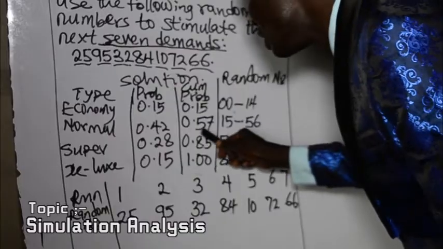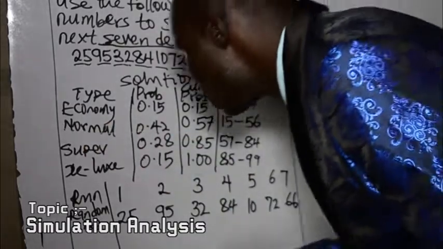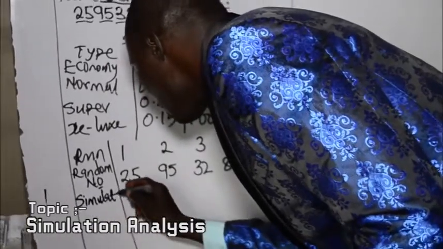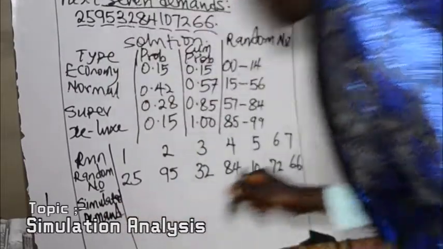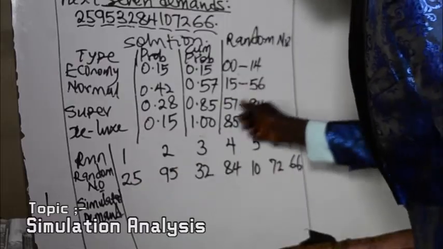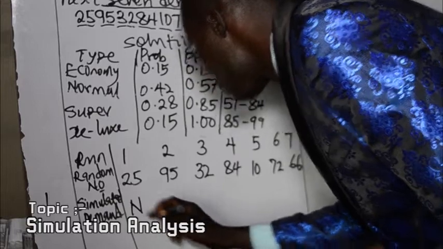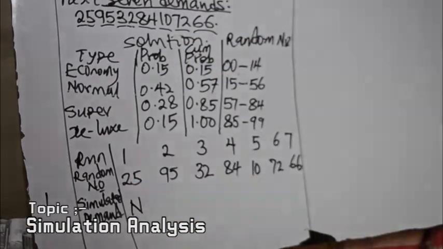So this gives our simulated demand. Since 25, the first random number, is feasible here, the demand on the first production run will be normal.